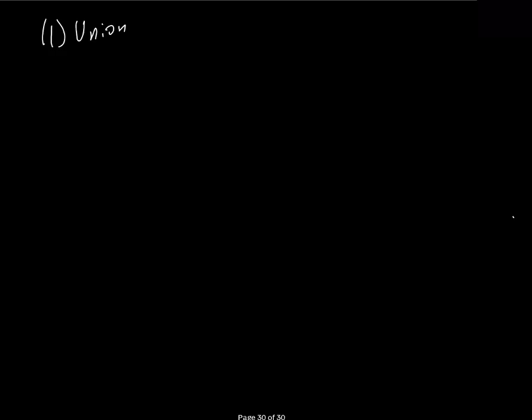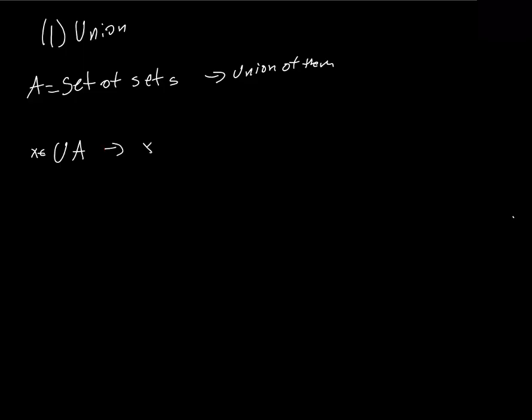Next is the axiom of union. The axiom of union states that if you have a set of sets, we can form a union of them. So what does this mean? Let's say A is our set of sets. Now I can say that if X is in union A, how would I formulate this?